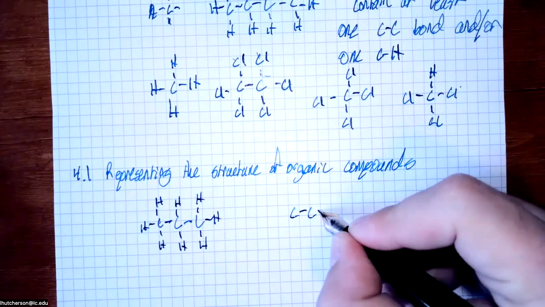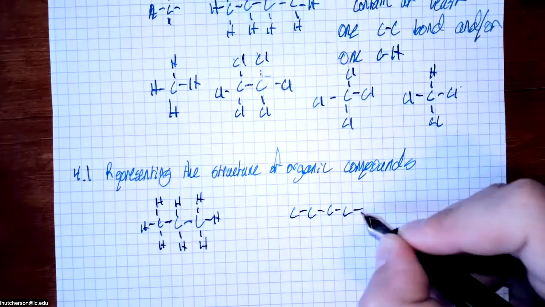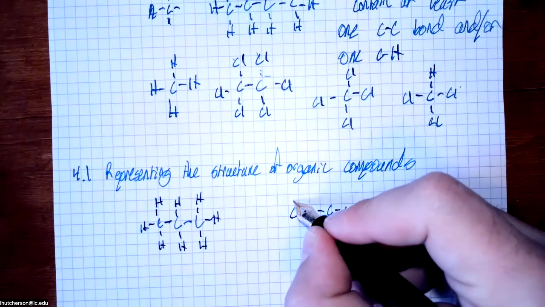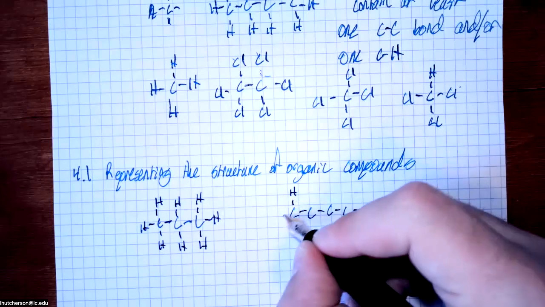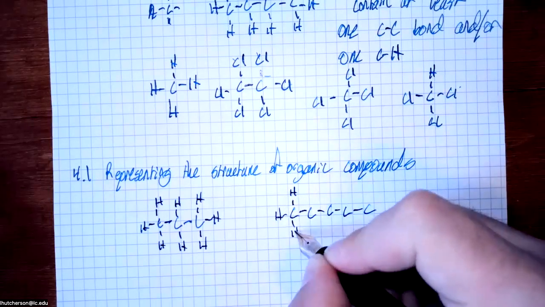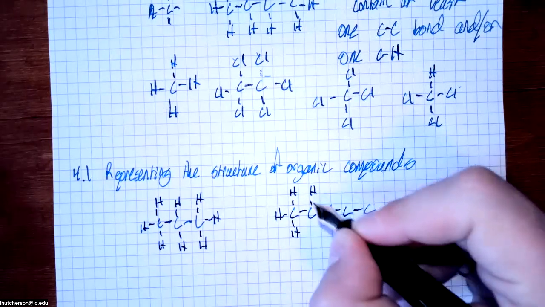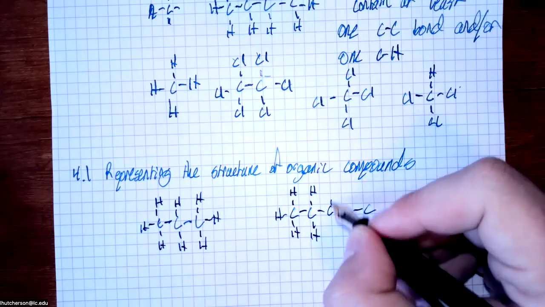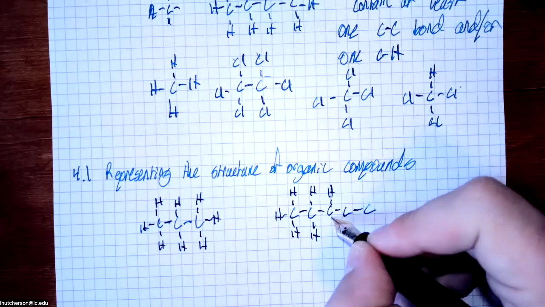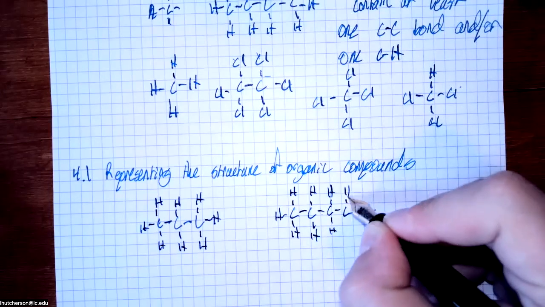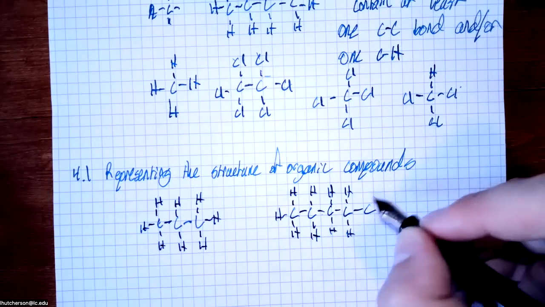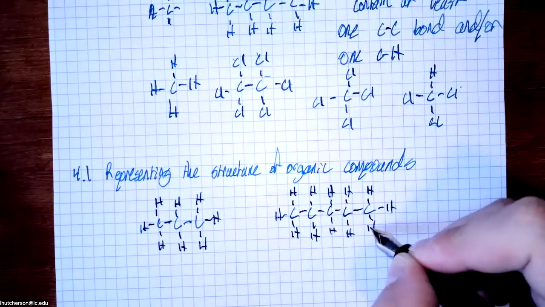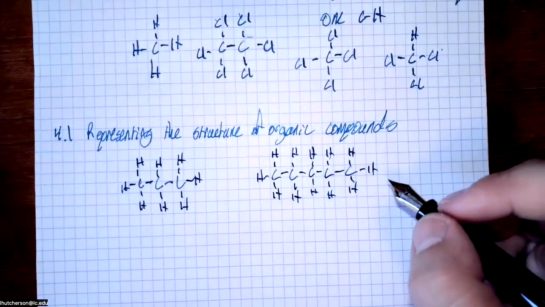Let's go out a little larger. Let's go to, say, 5 carbons. Okay, this one, 1 bond, so we need 3 hydrogens. This one, 2 bonds, so we need 2 hydrogens. 2 bonds, 2 hydrogens. 2 bonds, 2 hydrogens. 1 bond, 3 hydrogens. Right.